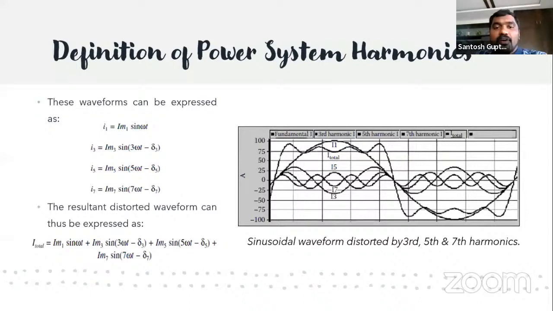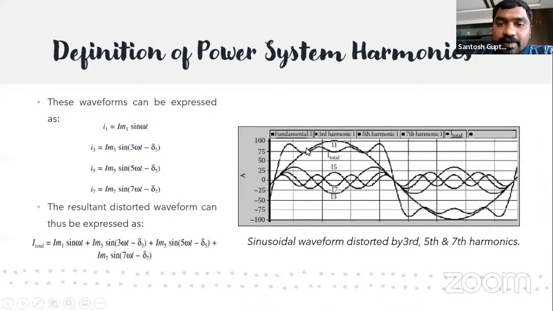So we can define a distorted waveform as the summation of periodic sine waves of different frequencies. If you sum up the fundamental, third, fifth, seventh, and whatever is available in the system, it is a summation of the individual harmonic frequencies.